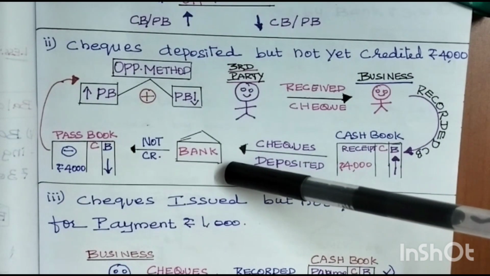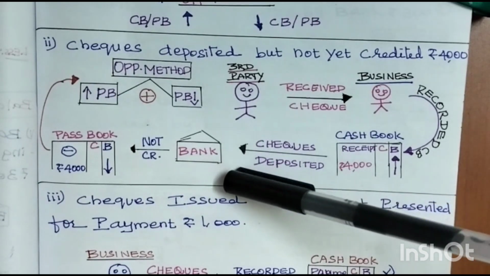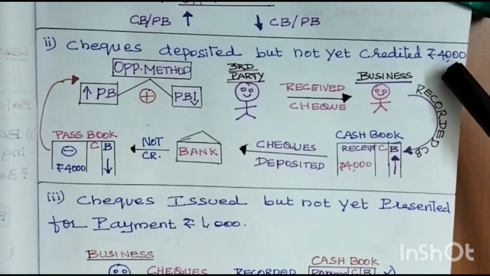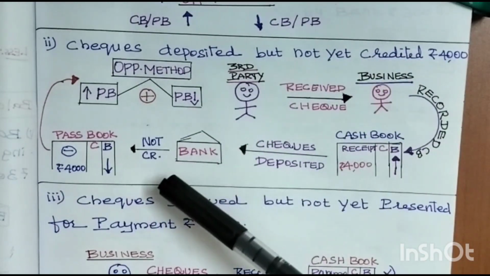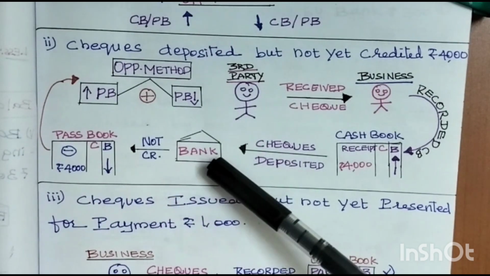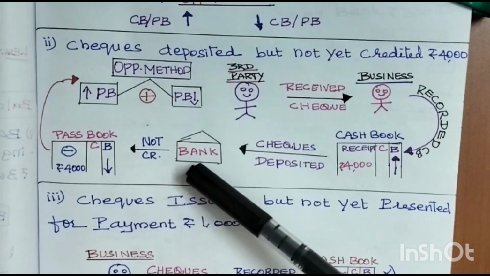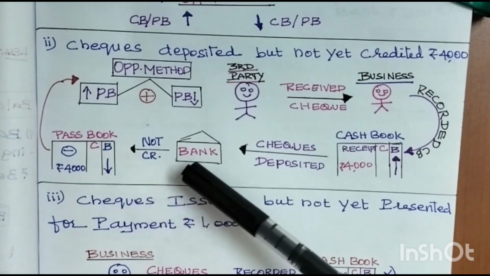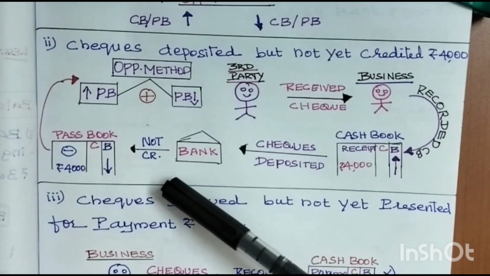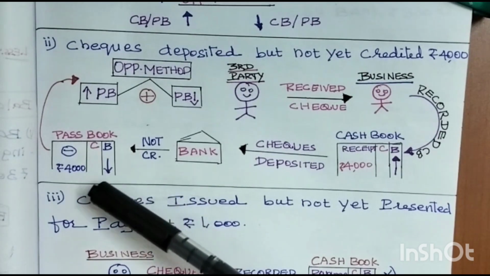Okay, what happened in the bank? In the bank, the check was not credited. Not yet credited 4,000 rupees means that it will take 2 days or 3 days or 4 days, even a week, to clear the check. So the check was not credited. So what happened to your bank passbook?